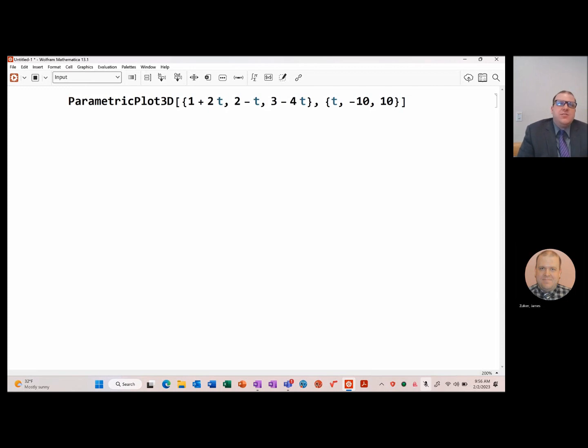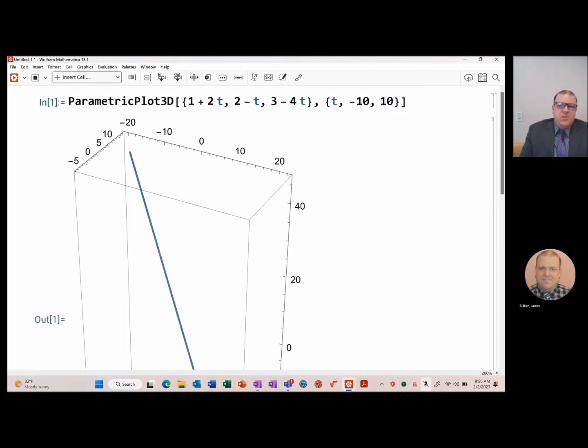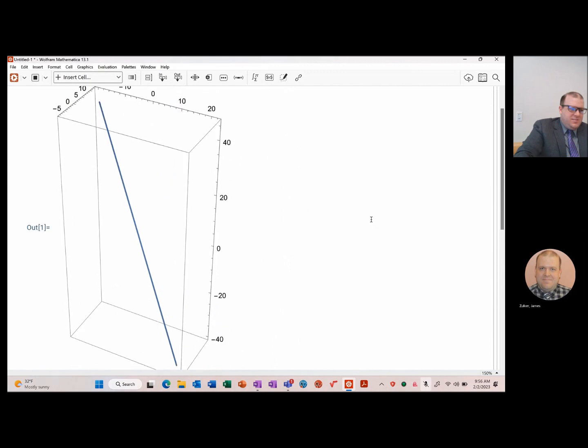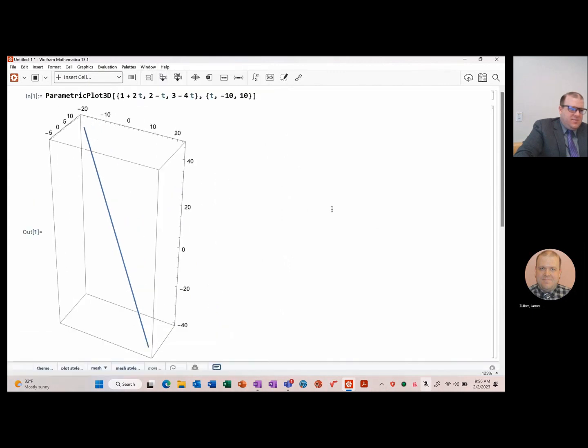Technically, that is all you need. Shift enter. Now the magnification is too large. That's what it gives us.